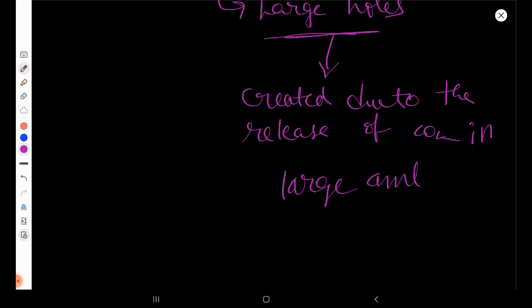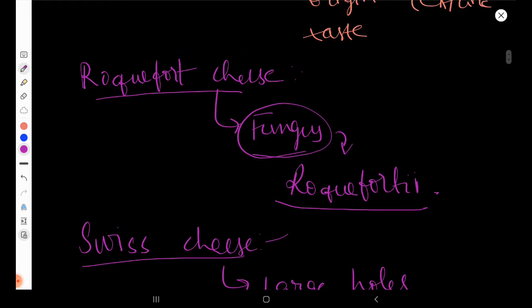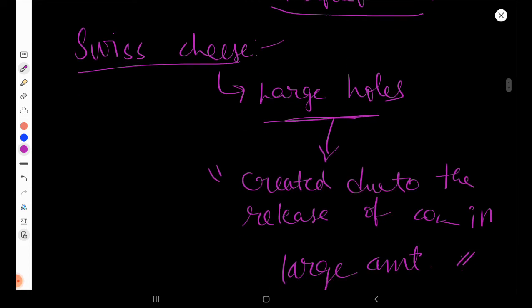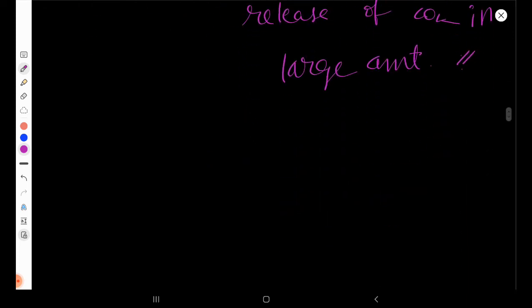So please remember these points. Roquefort cheese is made by a fungus called Roqueforti, and Swiss cheese has large holes due to the release of carbon dioxide by a microbial component present on it during its fermentation process. It is called Propionibacterium sharmanii, and this releases CO2 in large amounts, and this accumulation helps in making large holes in this Swiss cheese. So this is the use of microbes in the cheese making process.